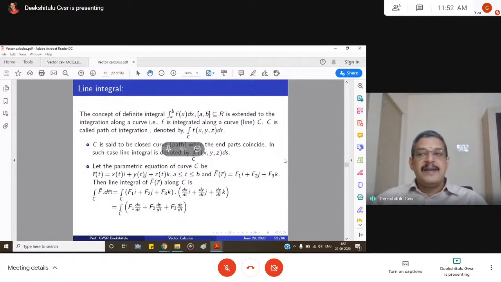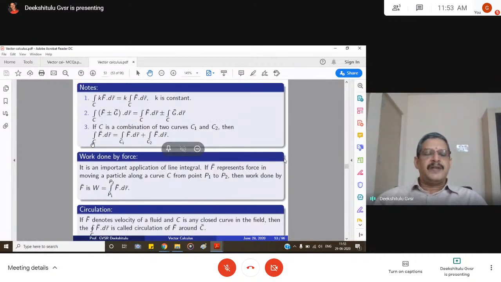We have line integral, surface integral, and volume integrals in vector calculus. First, we are dealing with line integral. Integral over C of f dot dr, f is this one, dot r is xi plus yj plus zk. So dr is dx i plus dy j plus dz k. So integral over C of f dot dr becomes integral of f1 dx by dt plus f2 dy by dt plus f3 dz by dt, dt.